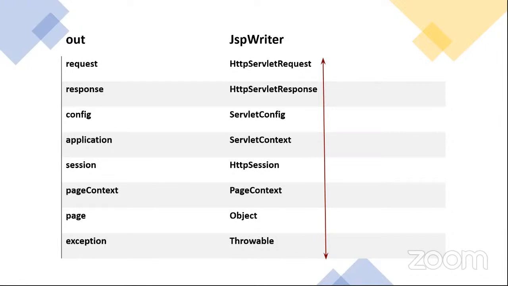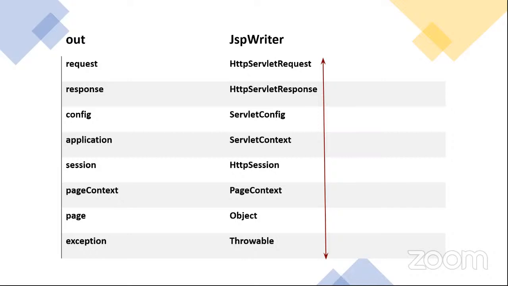And also the config object, for any specific variables or specific properties of specific servlets, then we can use this config. And we have application, which is the same as context: any parameters which we initialize will be accessible throughout the application.